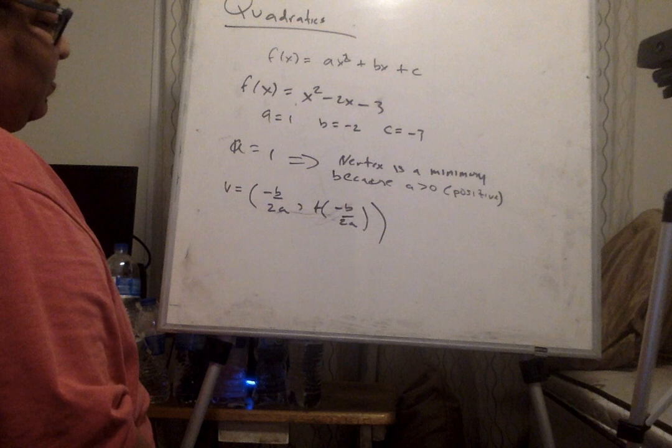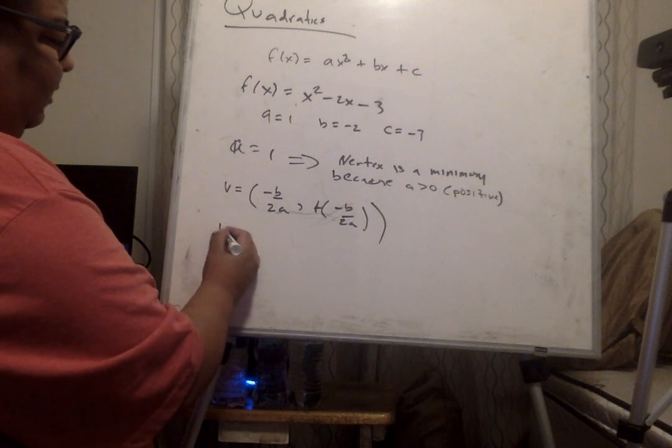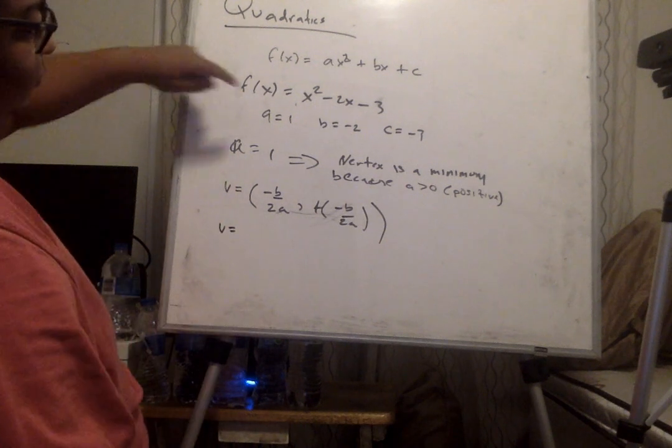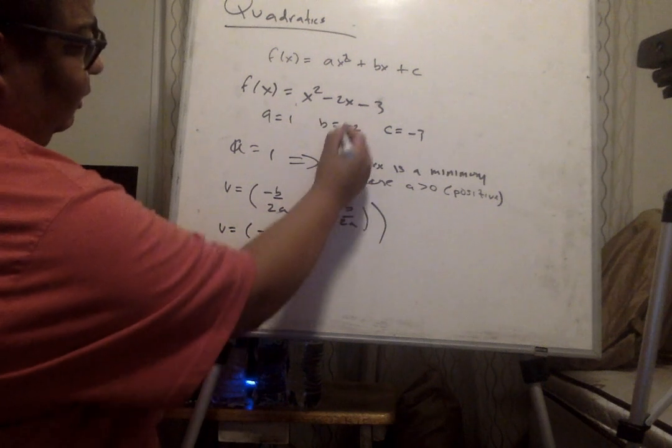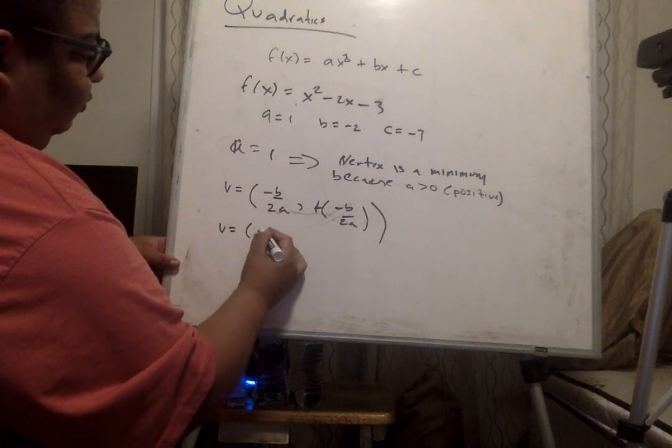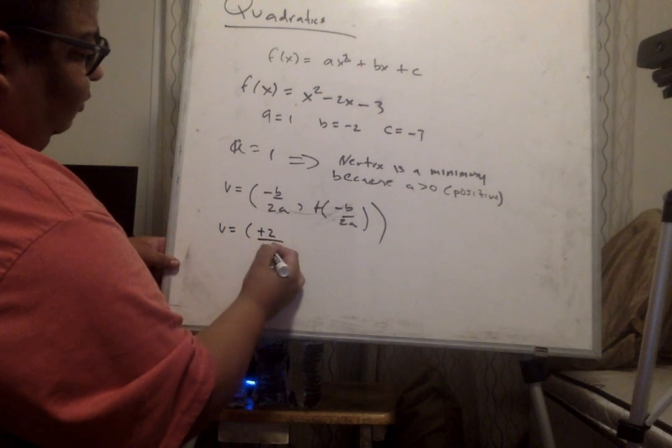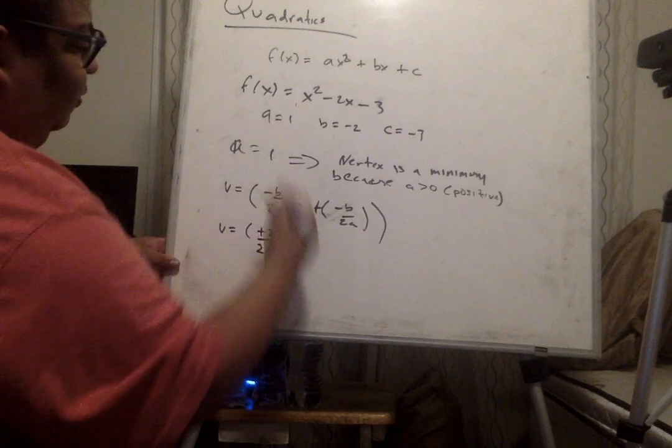So looking at this, it's going to be negative b, so negative negative 2, that becomes positive 2, all over 2 times 1.